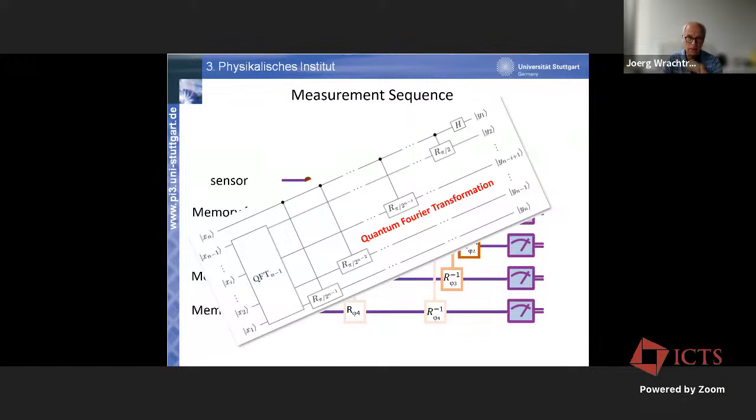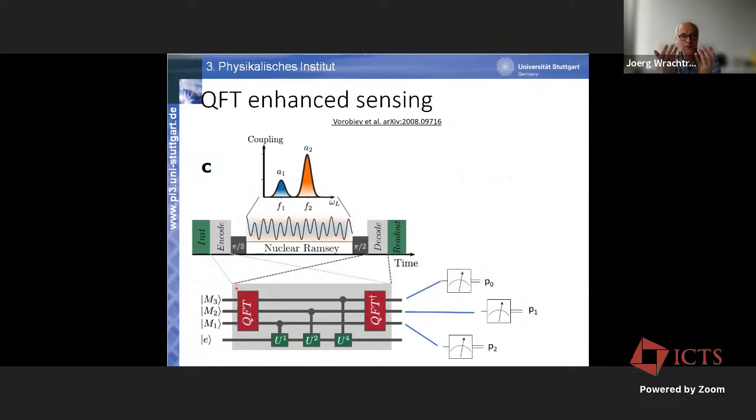All right, and I want to show you how we implement this in our scheme. So the way we do it is we take 3 nuclear spin quantum memories, M1, M2, M3. We prepare them in the right state. Then we apply these conditional rotations. So we conditionally rotate, in this case, the electron spin on the state of the nuclear spin quantum memory.